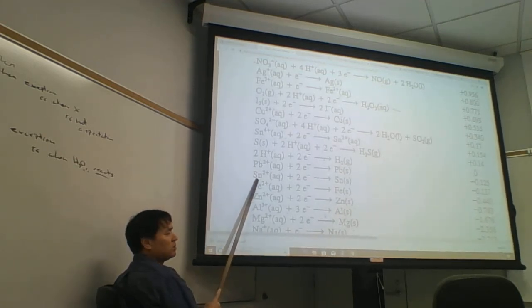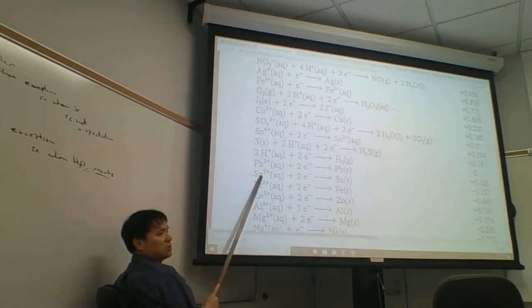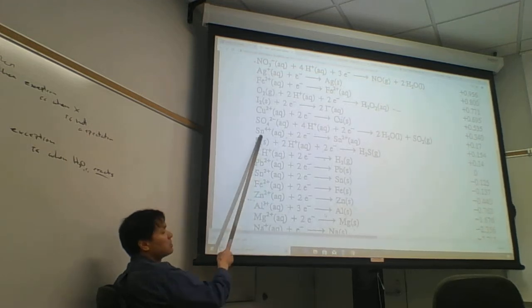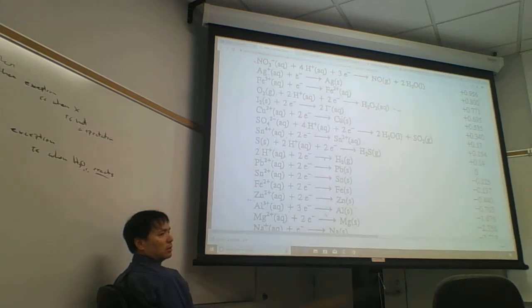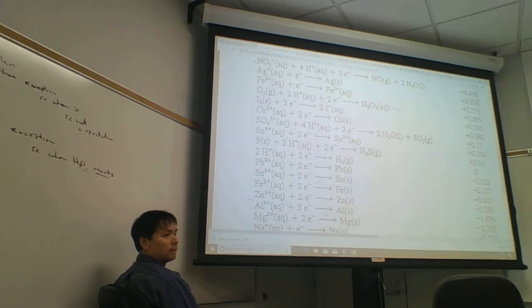It makes sense. Which one do you think wants electrons more? Tin plus 4 or tin plus 2? Tin plus 4. Why would tin plus 4 want electrons more than tin plus 2? What charge are electrons?